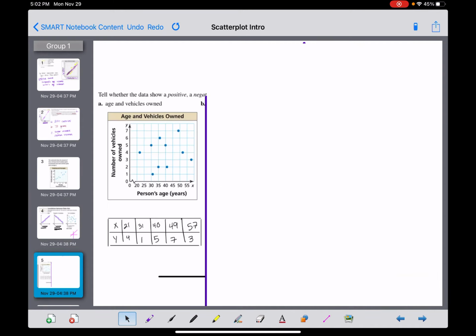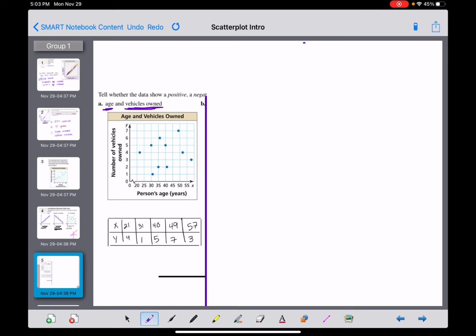So what are these going to look like? If I look at this scatter plot, we're comparing the age of somebody, so that's numerical data, to how many vehicles they own. Looking at the scatter plot alone, this is an example of no correlation because there's no line.